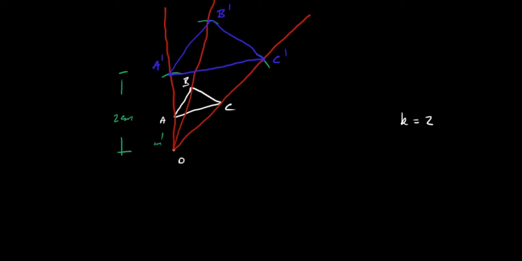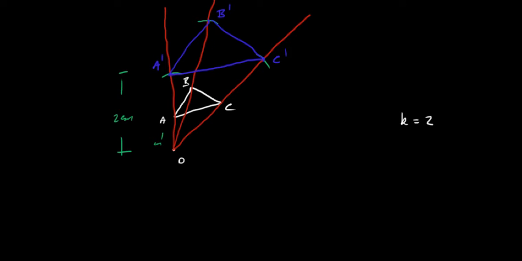Now, what you'll find here is that the lengths will be doubled as well. The lengths will be increased by whatever the scale factor is, in this case 2. I'll put in some measurements here.